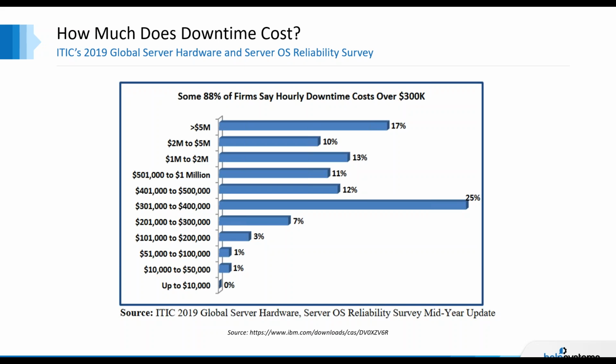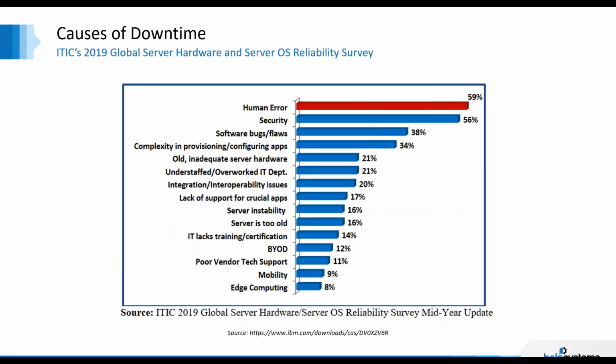And we can see from this that 88% of businesses were quoted as saying that an outage could cost them anything over $300,000 per hour, with 17% at the top end saying a staggering 5 million an hour downtime could potentially cost them. So scary figures here. Thank you, Tom. Yes. All right.